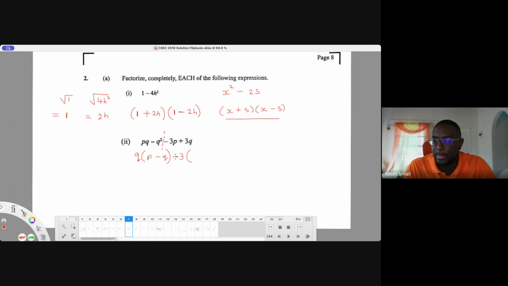I'm going to have to make it negative 3 so that when I do my factors, I get the P minus Q as before, because if I divide each of these by negative 3, I get P and I get minus Q. So now, Rodario, now that both brackets are the same, I have P minus Q in one bracket and Q minus 3, the factors, in the next bracket. Okay, so that is how you would work out that question.